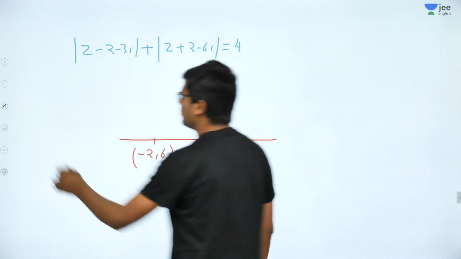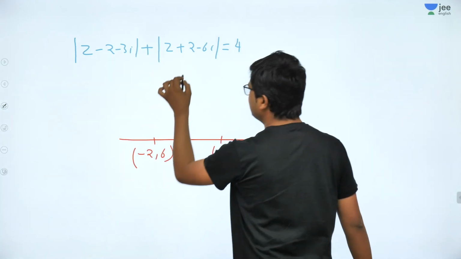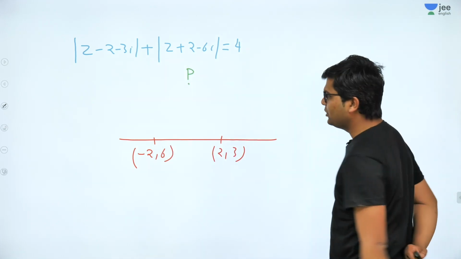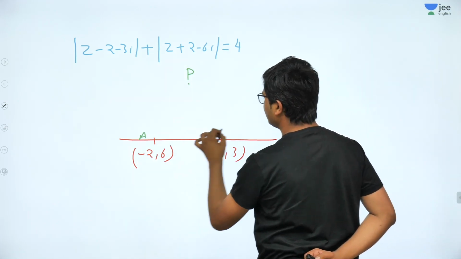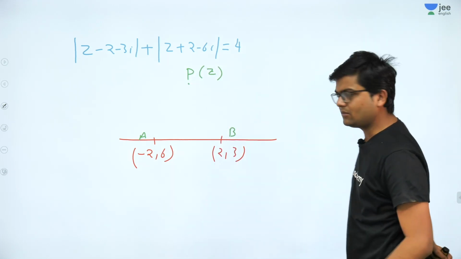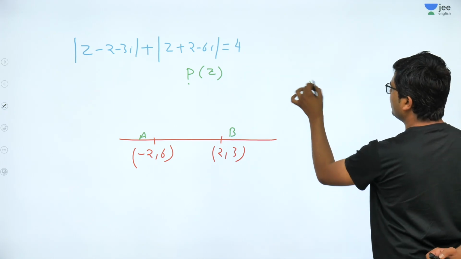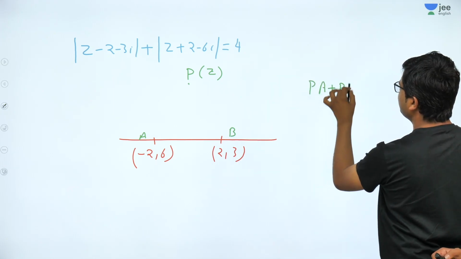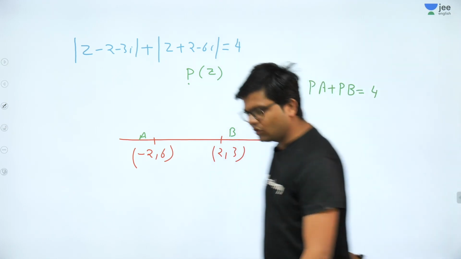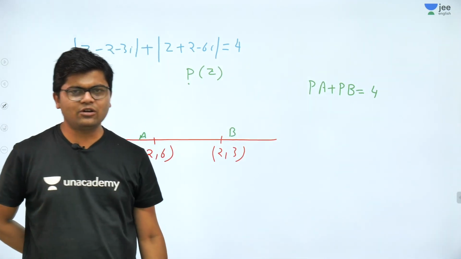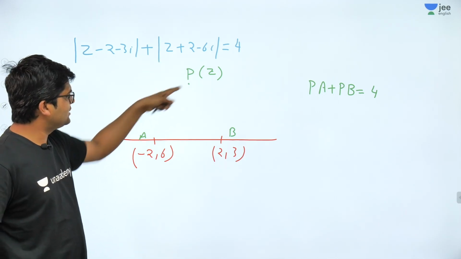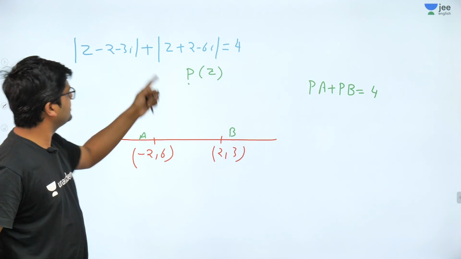Now we have been given the point z. Let us suppose this is the point z, I am giving it the name P. This is point A, this is point B, and P corresponds to the complex number z. Now I need to solve for PA plus PB equal to 4, because this modulus is the distance PA and this modulus is the distance PB.